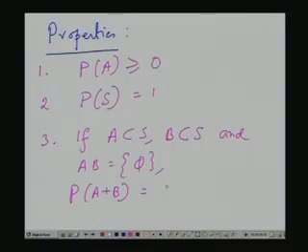Firstly, A and B are mutually exclusive. A consists of some experimental outcomes, B consists of some other outcomes, and there is no overlap because they are mutually exclusive. Now P(A+B) means you consider the bigger event where outcomes of both A and B are present. Any one occurring will be enough to say that event A+B has taken place. The probability of that bigger event should be equal to P(A) plus P(B). That is all.